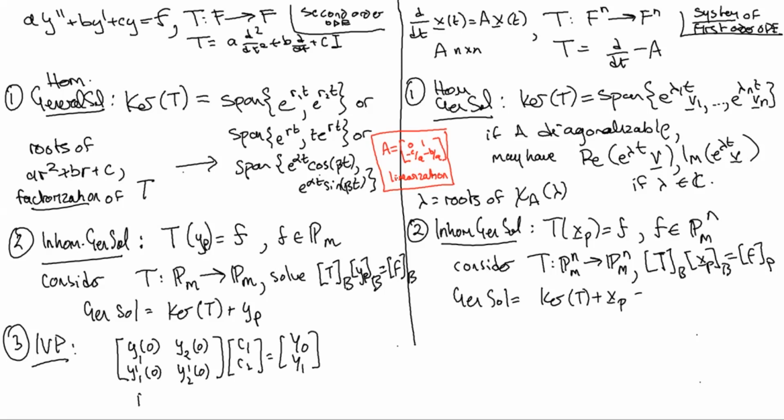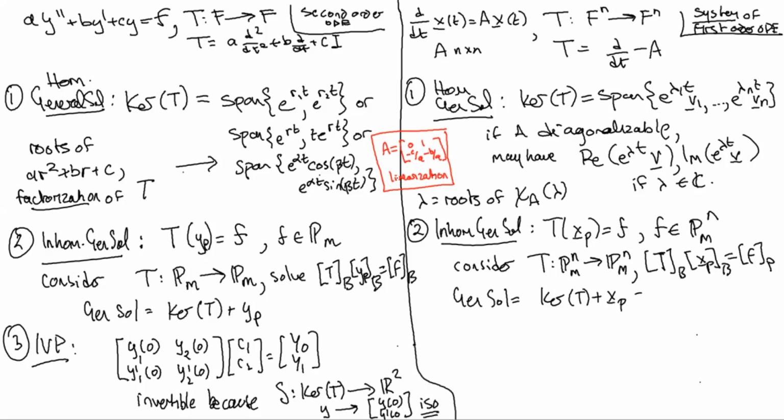And this is invertible because this map from the homogeneous solutions to R2, the evaluation map essentially, right, taking y to this vector, is an isomorphism. Okay, this is what's called the Wronskian lemma.